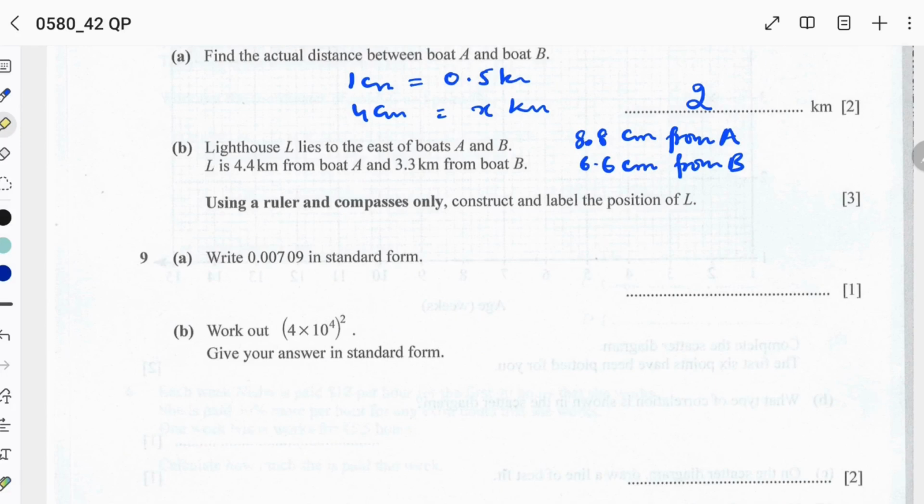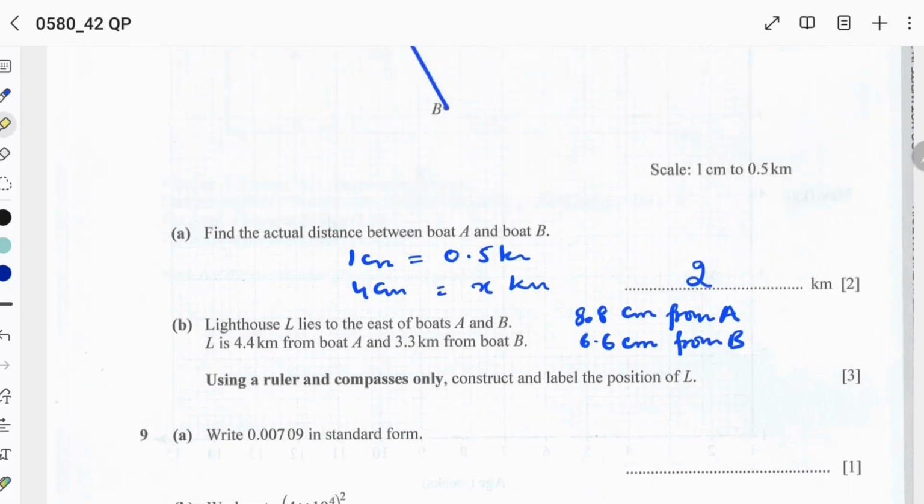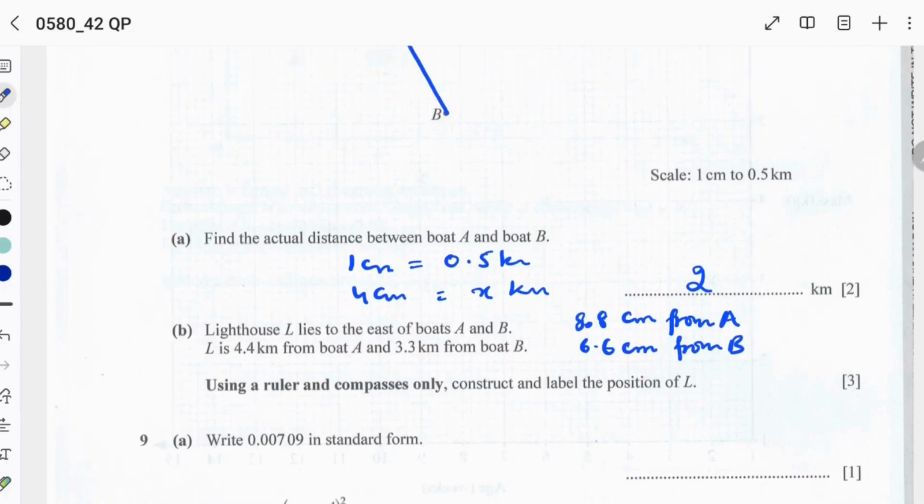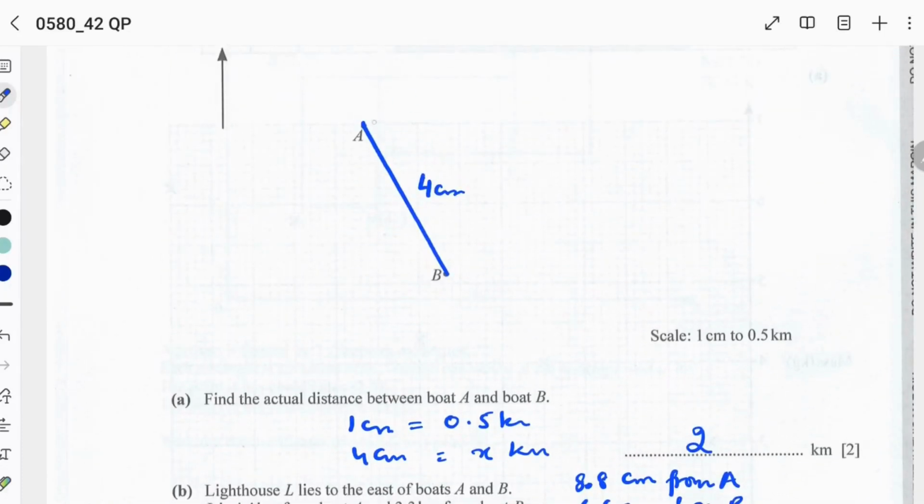It means 8.8 centimeters from A. 8.8 centimeters from A. So what do you do? You take your ruler and compass and draw an arc. Then from A, draw an arc of 8.8 centimeters and 6.6 centimeters from B. So if you put the needle of your compass here, then 8.8 from here, and keep your needle at B, 6.6 from B, and then draw the line.